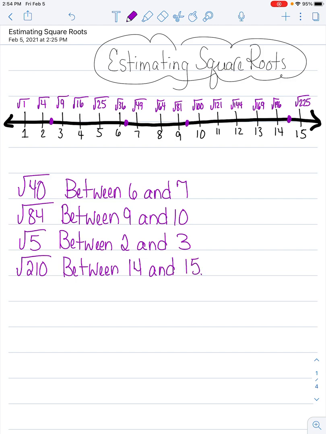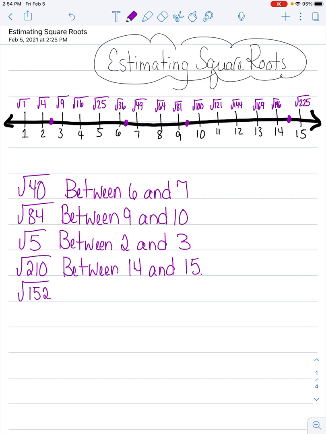So I want to do one more. Where would you estimate the square root of, this is a good one, 152 to be? What do you estimate the value of the square root of 152 would be?